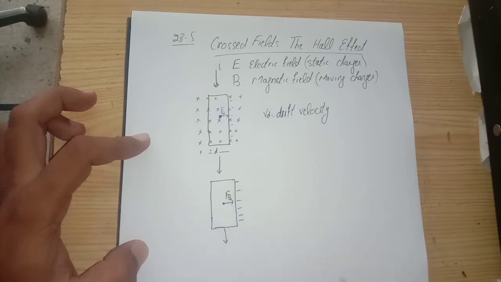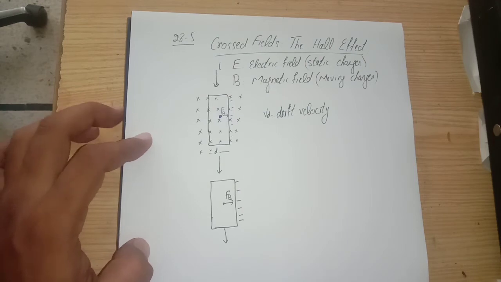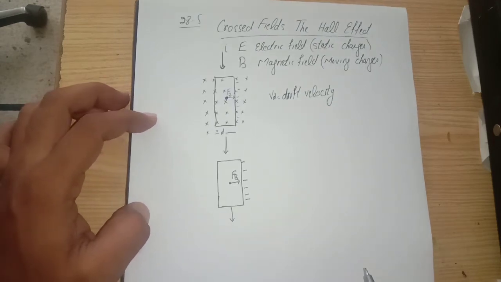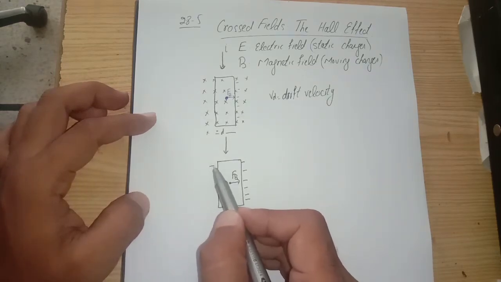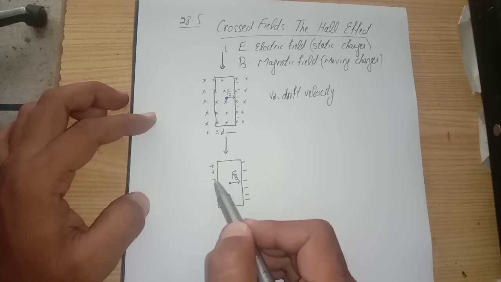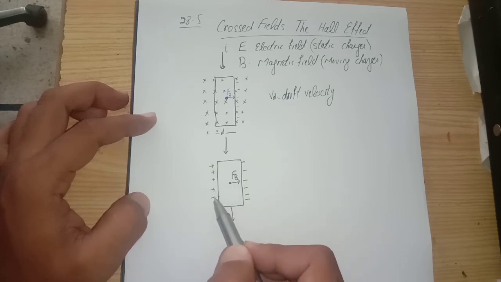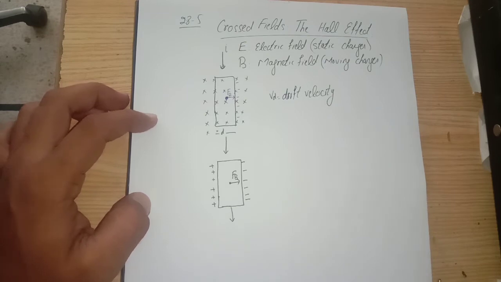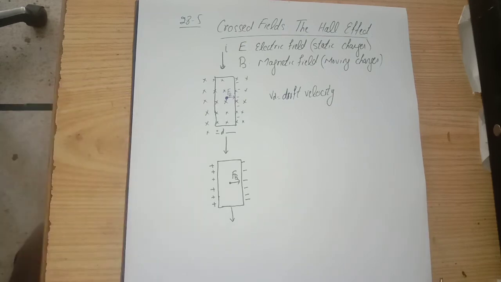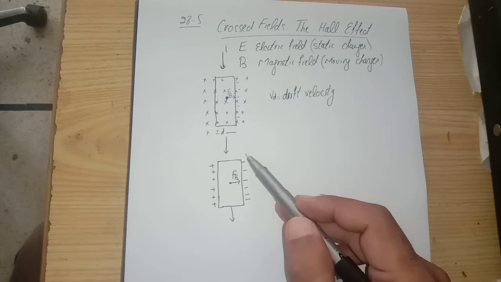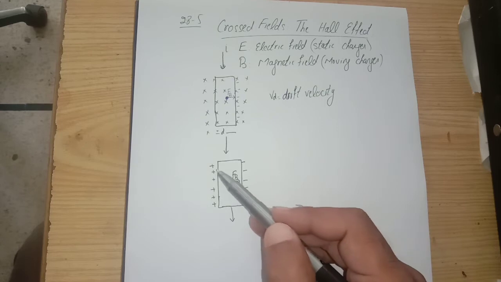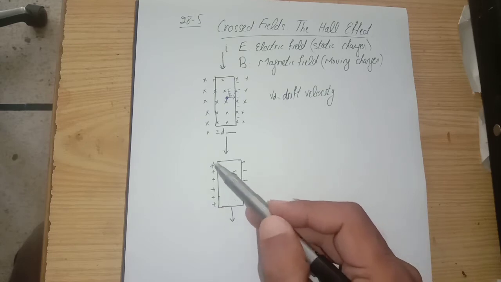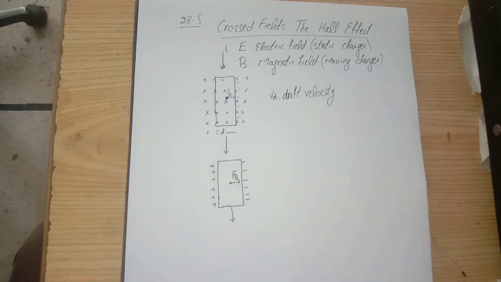The conventional current direction is from top to bottom, and electronic current would be from bottom to top, and positive charge would develop on the left side of this copper strip. Now this right side has negative charge, meaning electrons, and positive charge is on the left side of the strip.